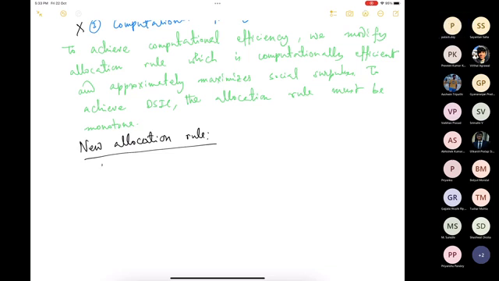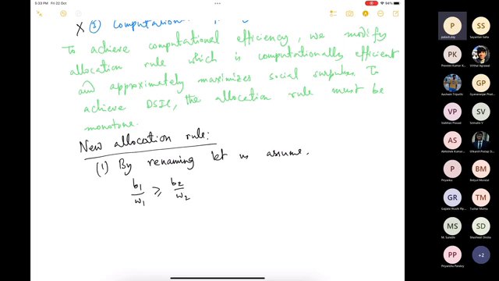First, by renaming, let us assume that B1 by W1 is greater than or equal to B2 by W2 and so on.